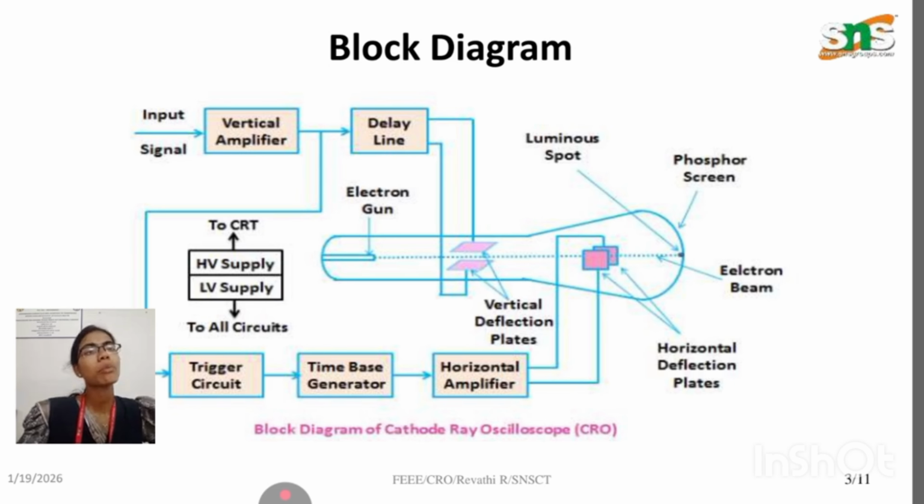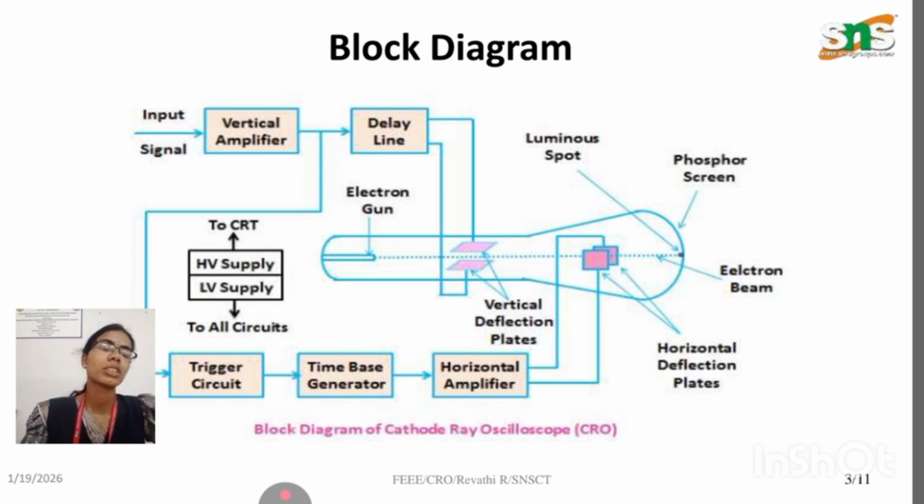The vertical amplifier is used to strengthen the signal, and the delay line is used for the vertical deflection plates, where it is reflected in the electron gun. The luminous spot, where the vertical amplifier is used, has a trigger circuit, a time base generator, and a horizontal amplifier.